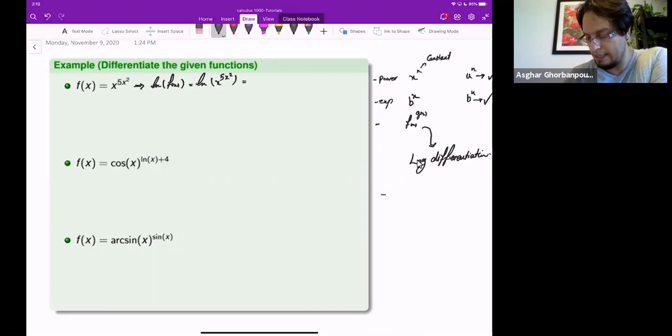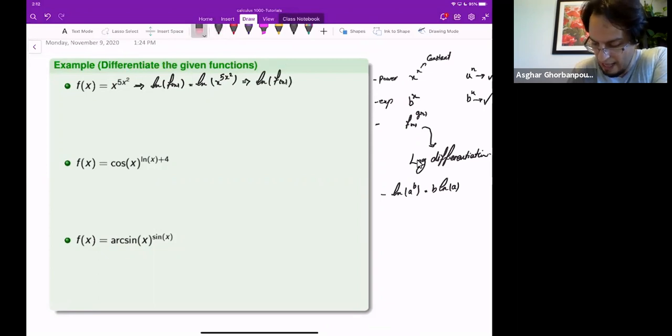Look here, if you have ln of a to the power b, you can bring this b up front and make it a multiple. So it means that ln of f is 5x squared ln of x.